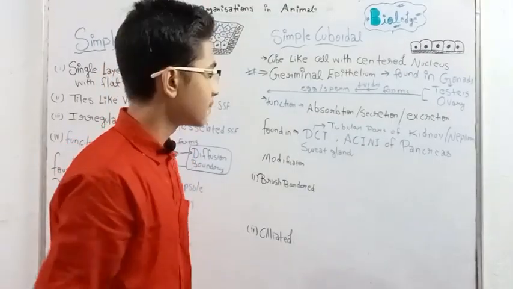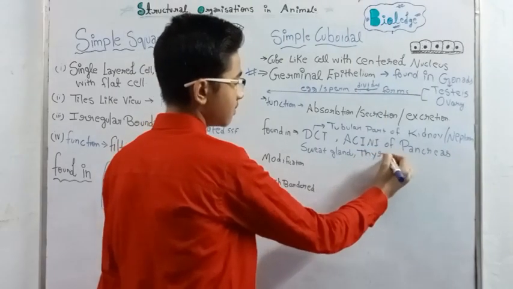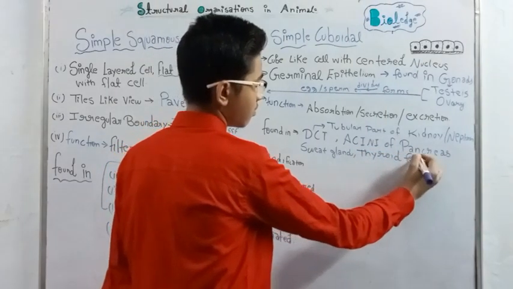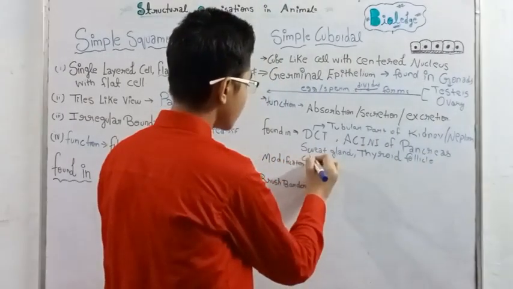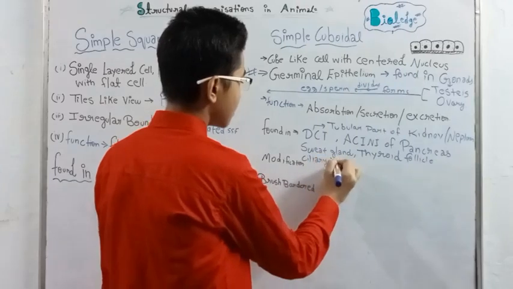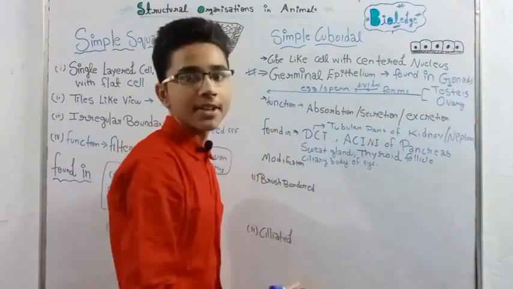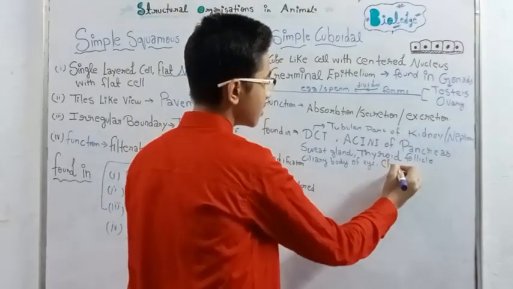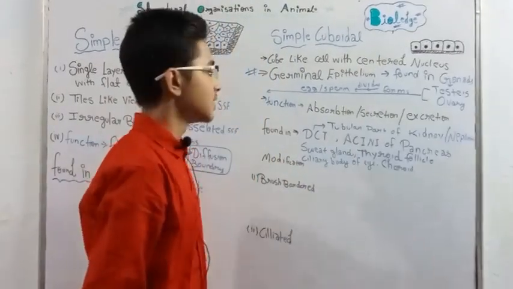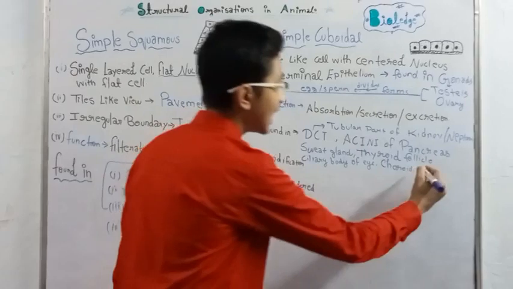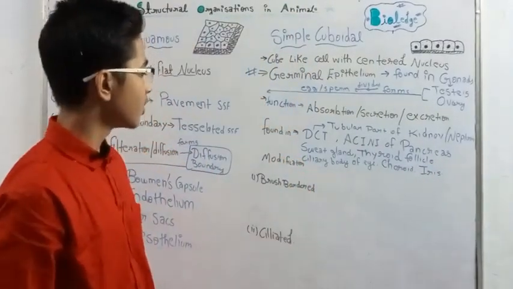There are some more examples we can write, like the thyroid follicle. Another very good example is the ciliary body of our eyes, another is the choroid, and the iris is also part of the eye. So these are all the locations where they are found.